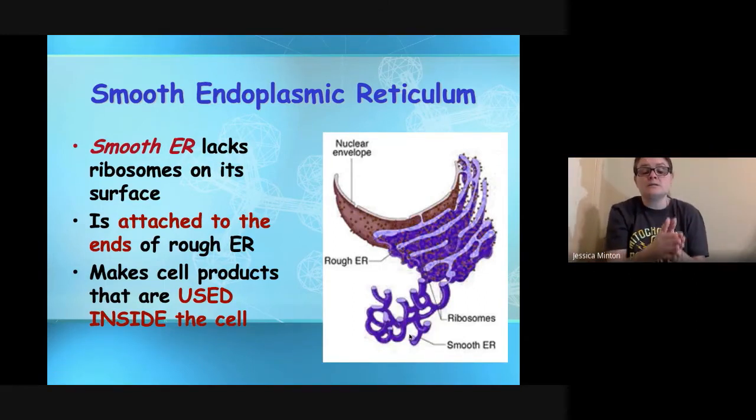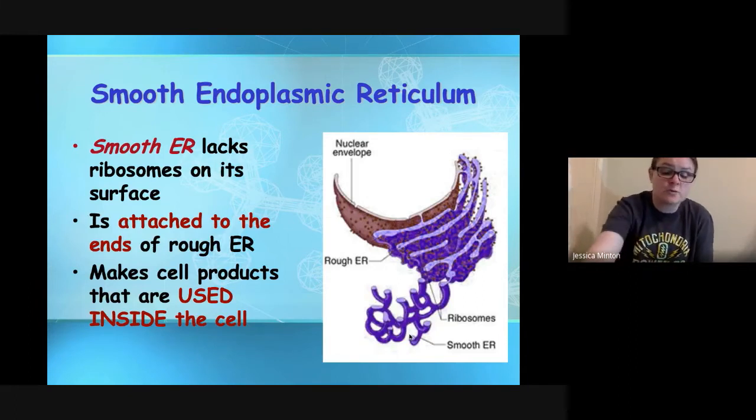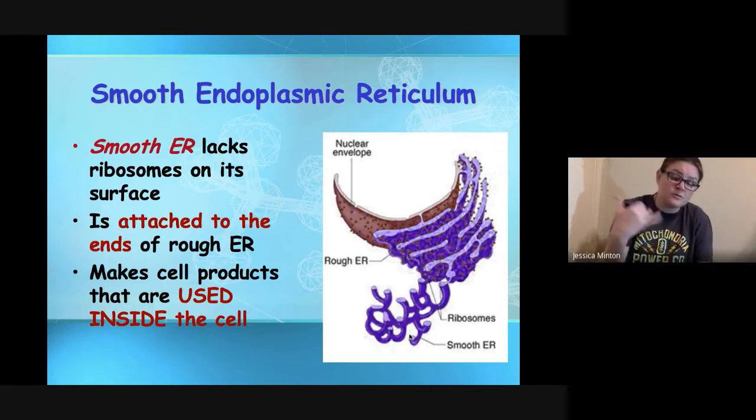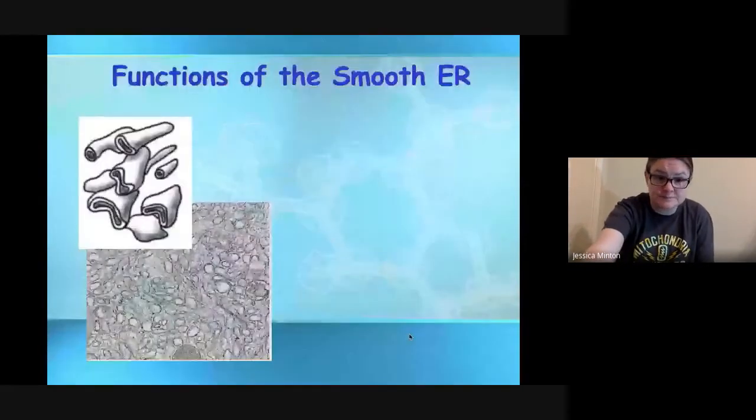Now, what does the smooth ER do? It makes products. It makes proteins that are going to be used inside of the cell. So the rough ER exports, and the smooth ER uses what's for inside. It stays in-house.